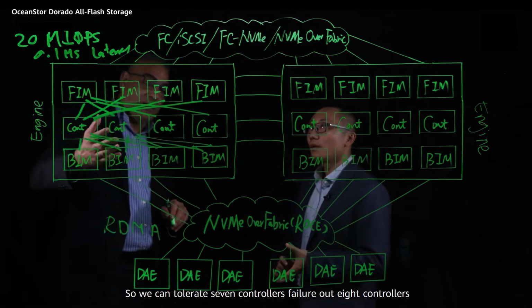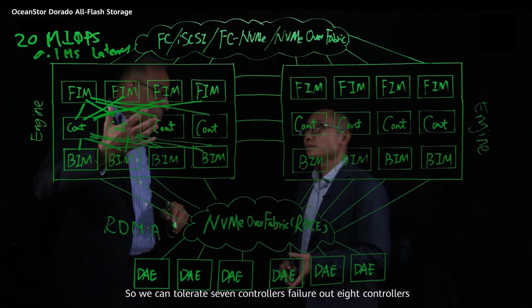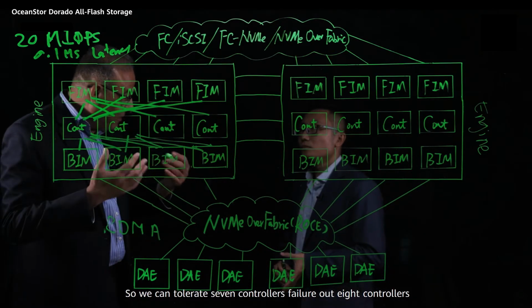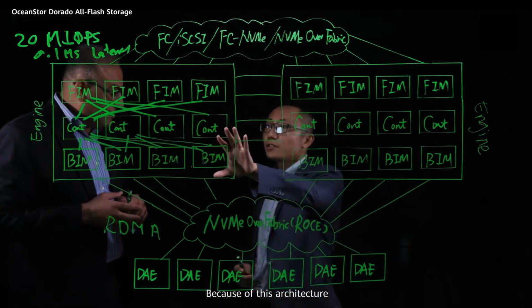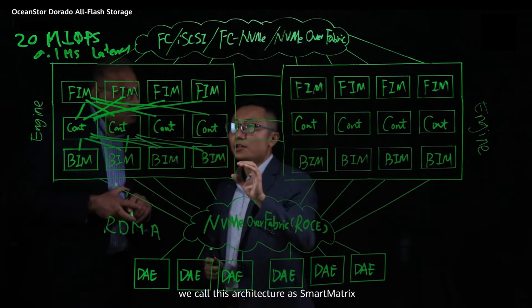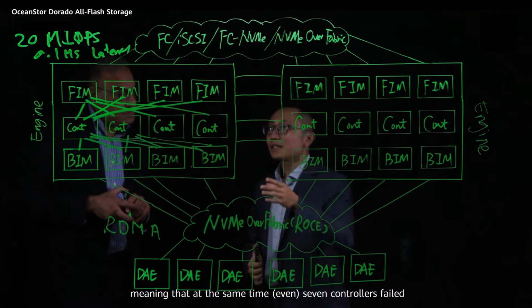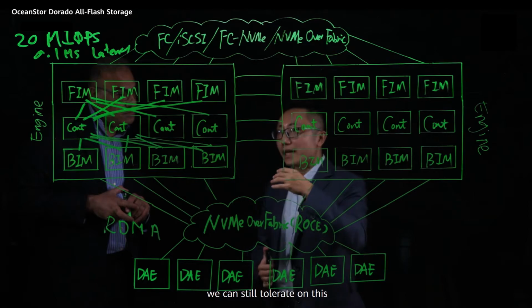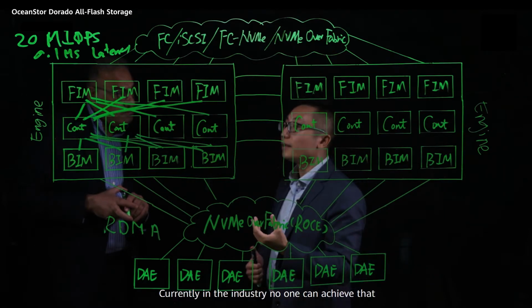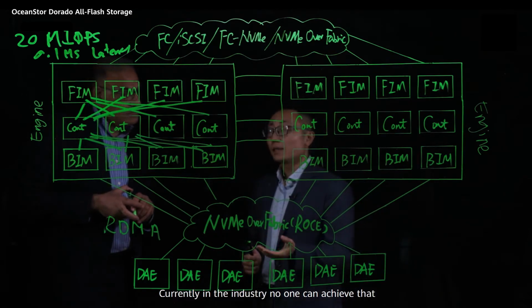So we can tolerate 7 controllers out of 8 controllers failing. Because of this architecture, we call it Smart Matrix, meaning that even if 7 controllers fail at the same time, we can tolerate it. And currently in the industry, no one can achieve this.